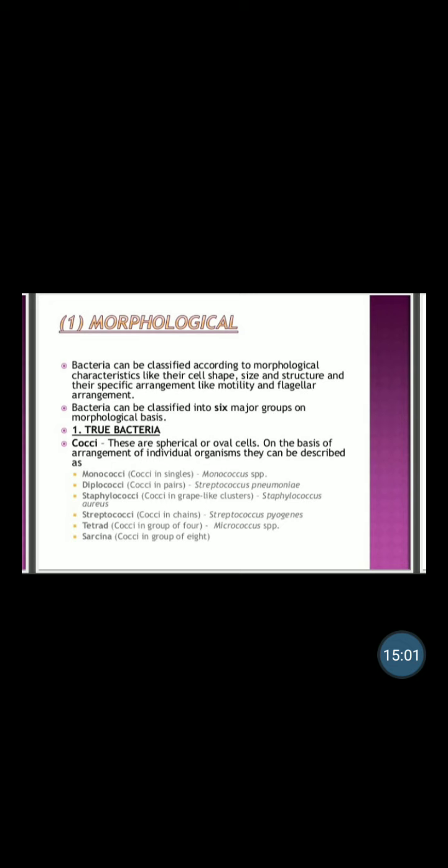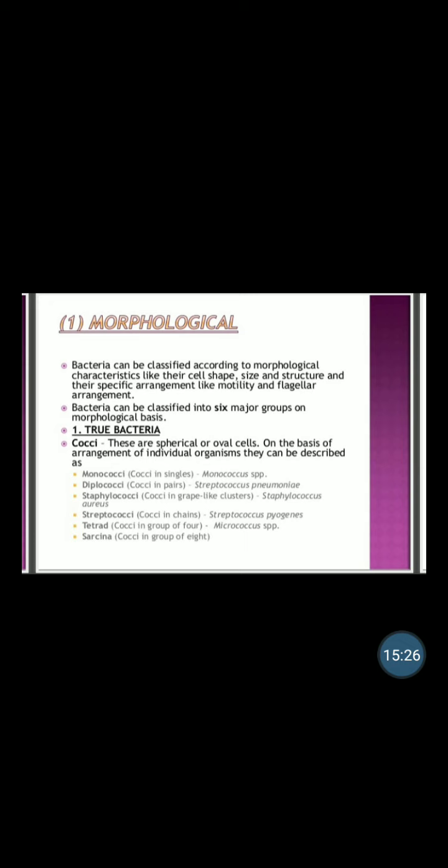Then diplococci, that is cocci in pairs, for example Streptococcus pneumoniae. Then staphylococci, that is cocci in grapes, a grape-like structure or cluster, for example Staphylococcus aureus.